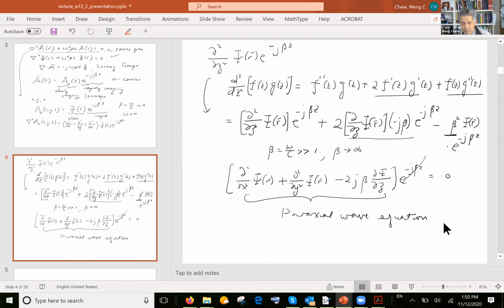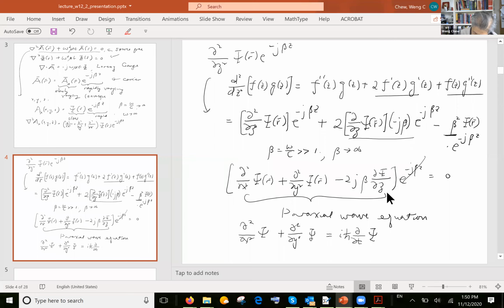So one thing to note is that this equation has second derivative in x, second derivative in y, but only the first derivative in z. Okay, so this paraxial wave equation is very analogous to what we call the Schrodinger wave equation. Some of you might have studied quantum physics before, and if you remember what the Schrodinger wave equation is, it would be something like this, plus something like this, and then is equal to i h bar partial t psi.